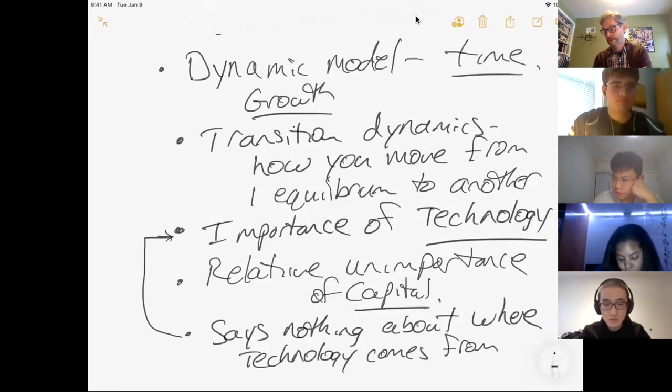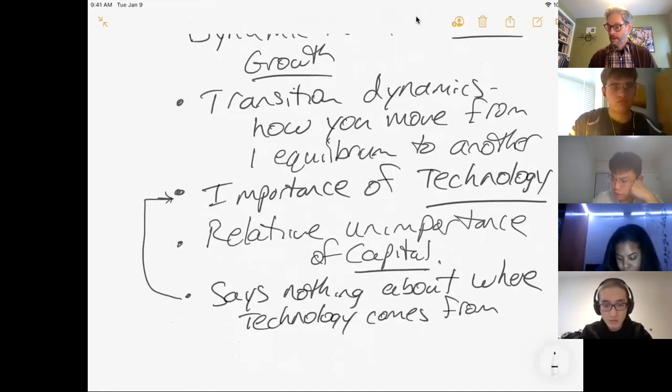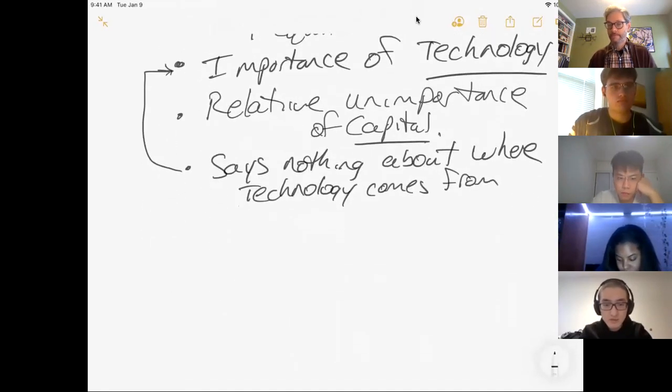And that's really going to be left up to future models that we talk about. But he does have a lot to say about capital, right? And so capital is going to be relatively less important, particularly relative to technology, right?